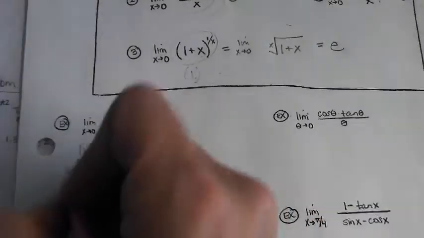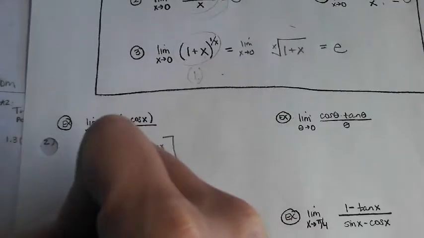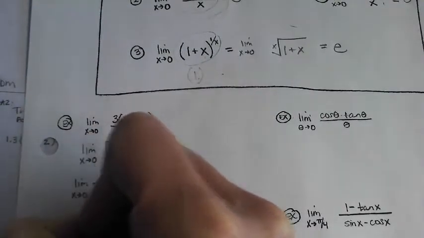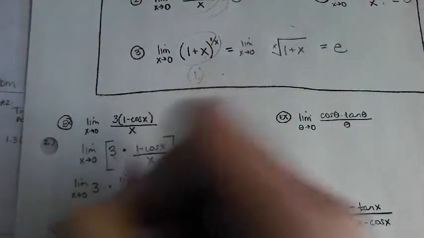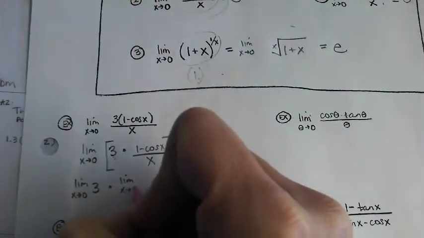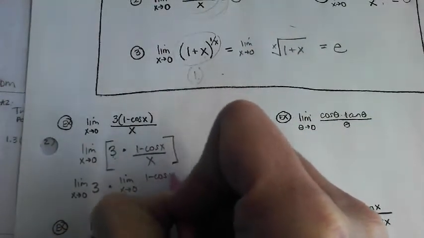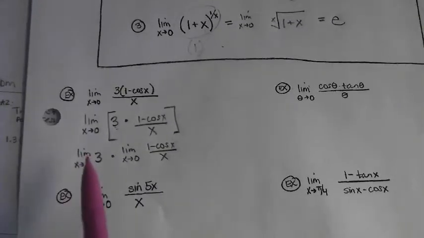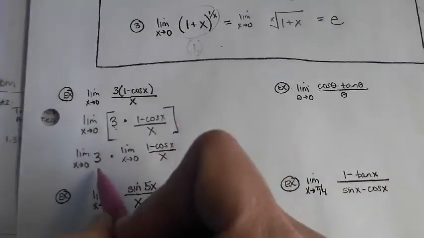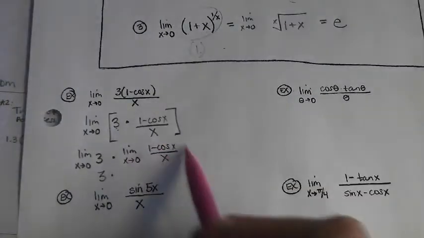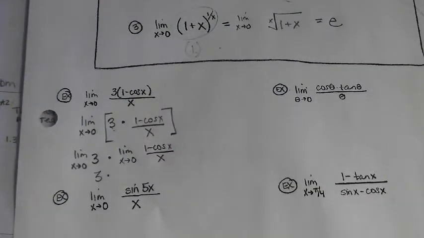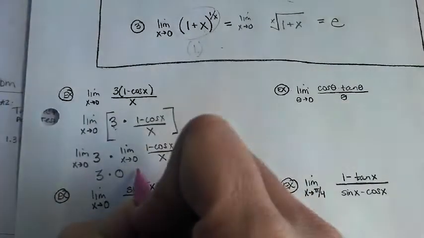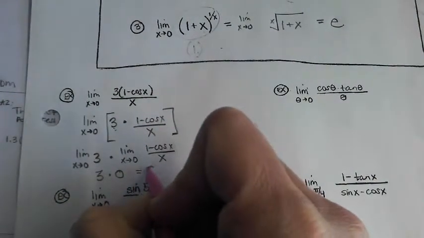The rule says that we can find the limits of each of those separately and just multiply them together. So the limit of 3 is 3, and the limit as x approaches 0 of (1 minus cosine x) over x is 0. And 3 times 0 is 0.